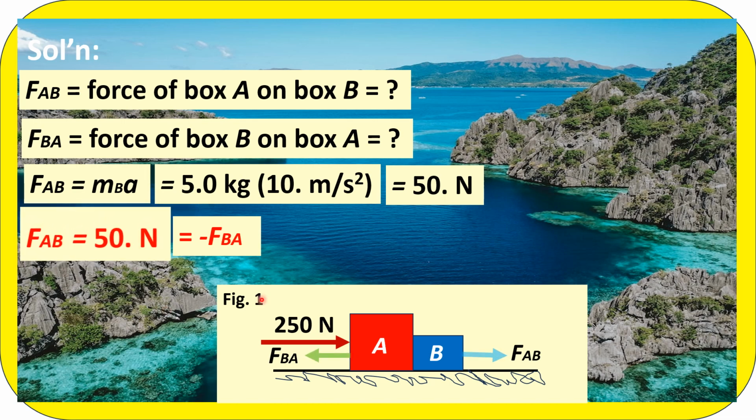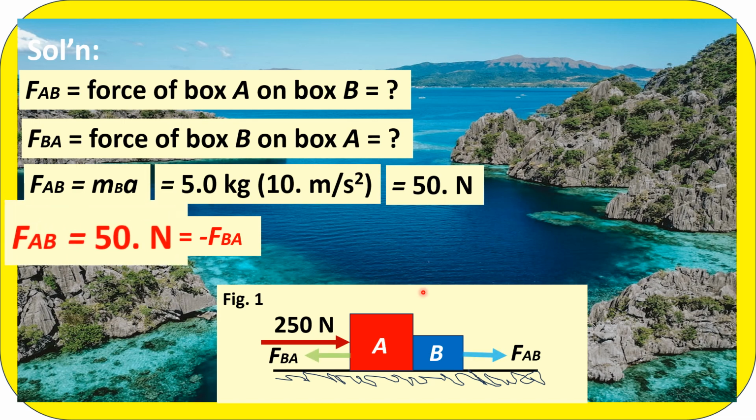So, you see how we are able to apply both the second law and the third law in answering our question. Just to check if indeed box A also has the same acceleration as what we earlier calculated, 10 meters per second squared.